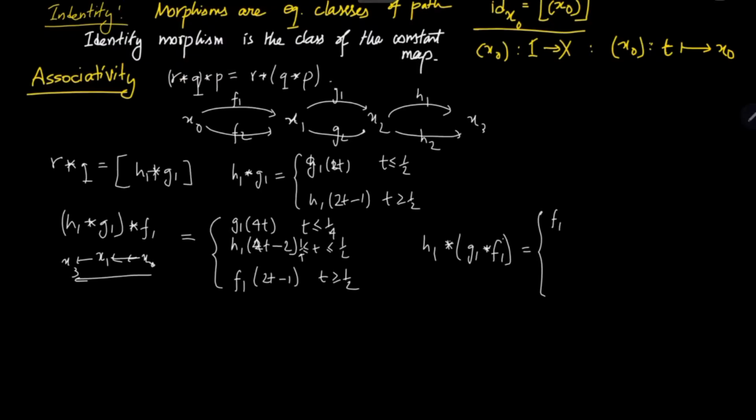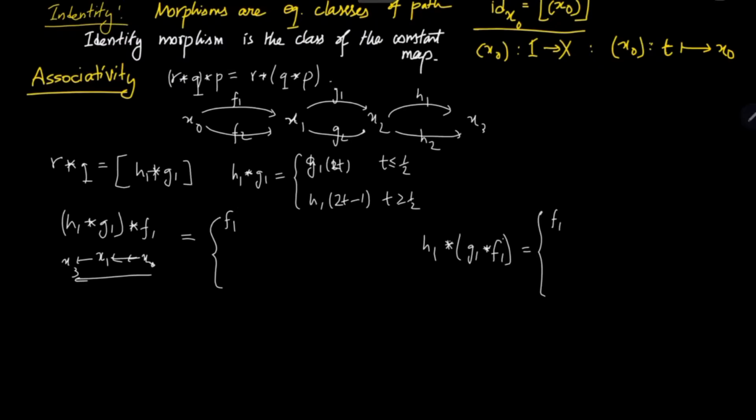Yeah, I guess it checks out. This guy goes from x0 to x2. Yeah, this really checks out. Are we missing something here? Yeah, we are entirely missing this. Oh geez, okay, this is wrong.